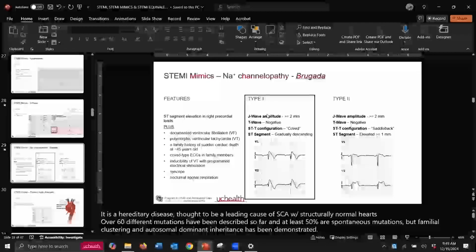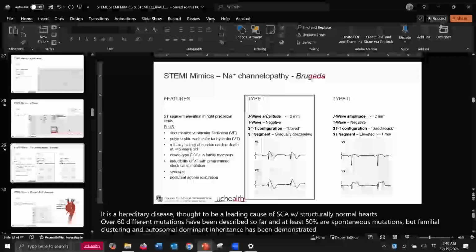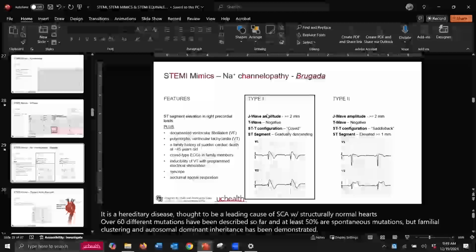Sodium channelopathies. So Brugada syndrome. Brugada is hereditary, thought to be sudden cardiac arrest in structurally normal hearts, right? So it's thought to be the cause of arrest.